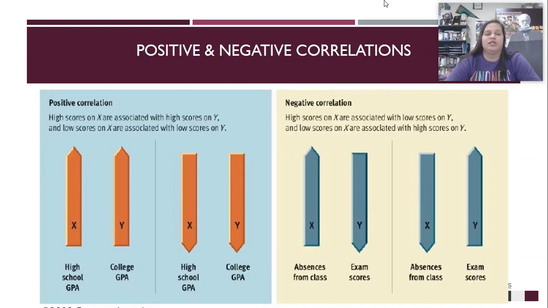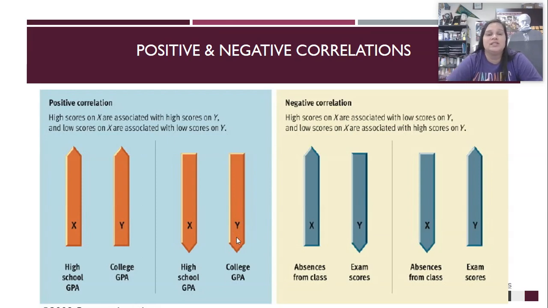Some more examples here, looking at it in terms of using directional arrows. High scores on X are associated with high scores on Y. For example, a higher high school GPA can predict a higher college GPA. The lower your high school GPA, the lower your college GPA.